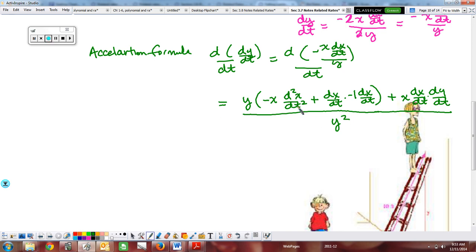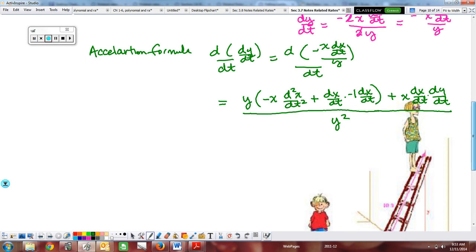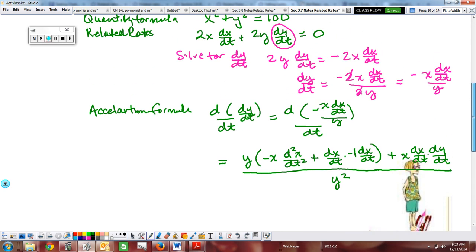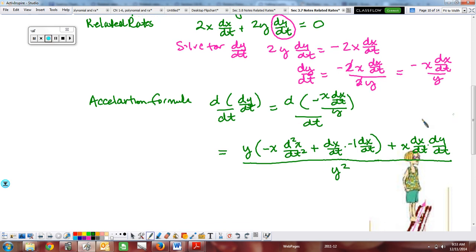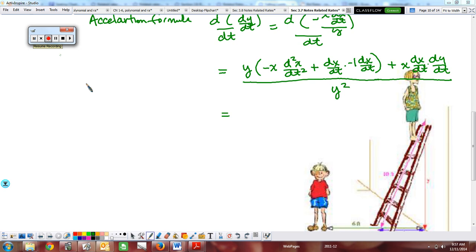Now I'm going to have to calculate what's basically going to happen when I have my second derivative, my acceleration for my x. So basically we get this all out, now we have to fill in everything that we need.